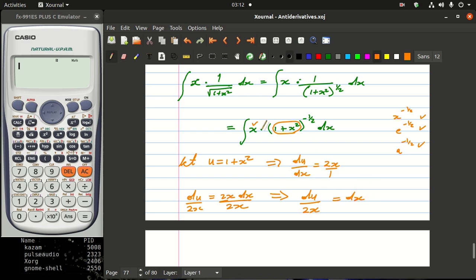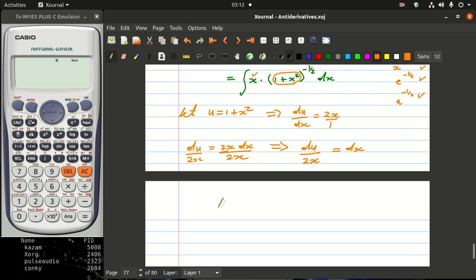Then I go back to the drawing board, and I say that, okay, fine, the indefinite integral of x times 1 plus x squared raised to minus 1 over 2 dx is going to be, I'm going to keep the x as it is. This thing here is the one that I let be u, raised to minus 1 over 2, and then I have my dx.